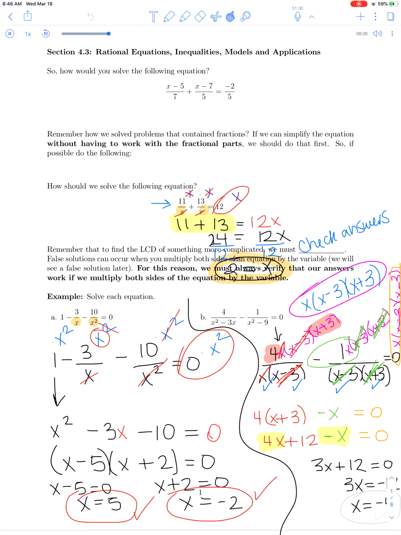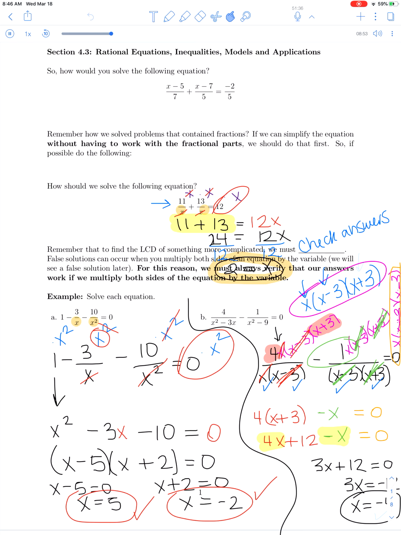Again, the only thing that I care about is that this did not make my denominator 0. So you can plug it in to both denominators, and in fact, it doesn't make either denominator 0, so it is a good, valid solution. The only things that actually did make our denominator 0 were anything that made the LCD 0, which is, well, if you look at it, what made the x 0 would be 0.